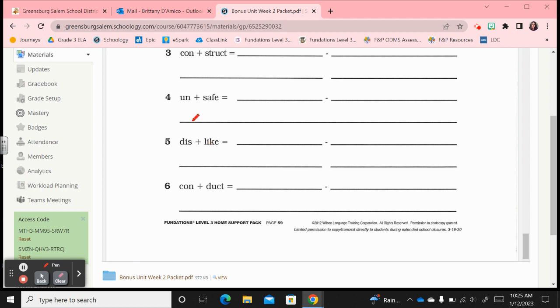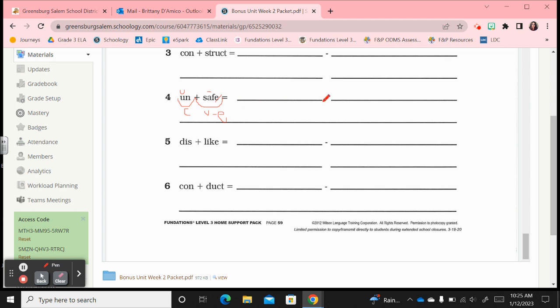Okay, number 4. Un is the prefix. Safe is your base word. Now, un is a closed syllable prefix because it's got that short vowel closed in. Safe is a long vowel, consonant, silent E. That's a vowel dash E. And safe isn't a root. It's actually a base word. If something is unsafe, it means it's not safe.